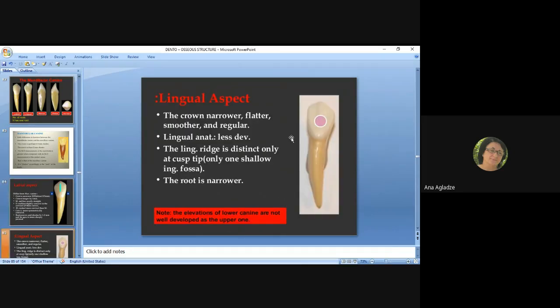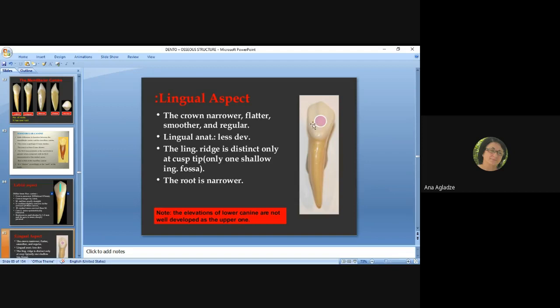Then this is lingual aspect. The crown is narrower, flatter, and you can see this elevation of lower canine, which are node and cingulum at the cervical one third. The lingual anatomy is less developed.